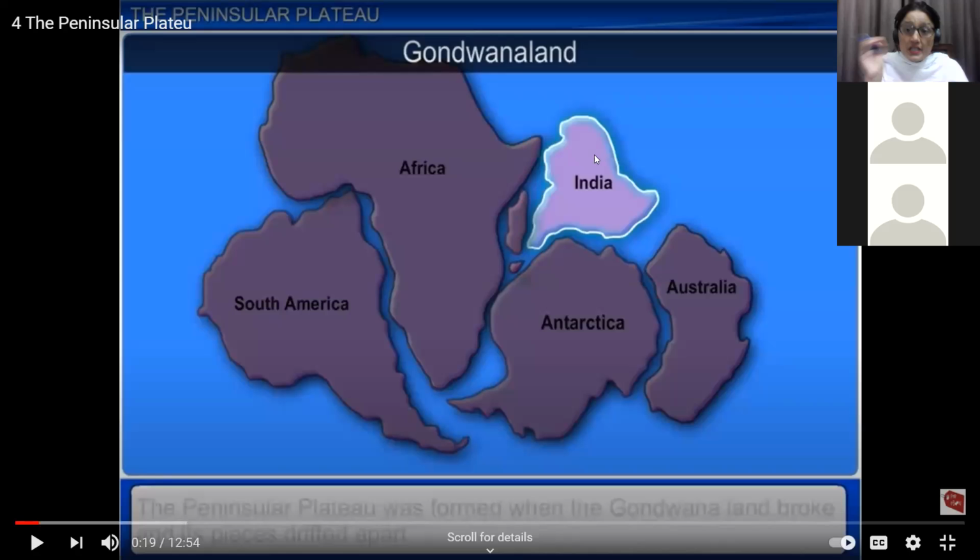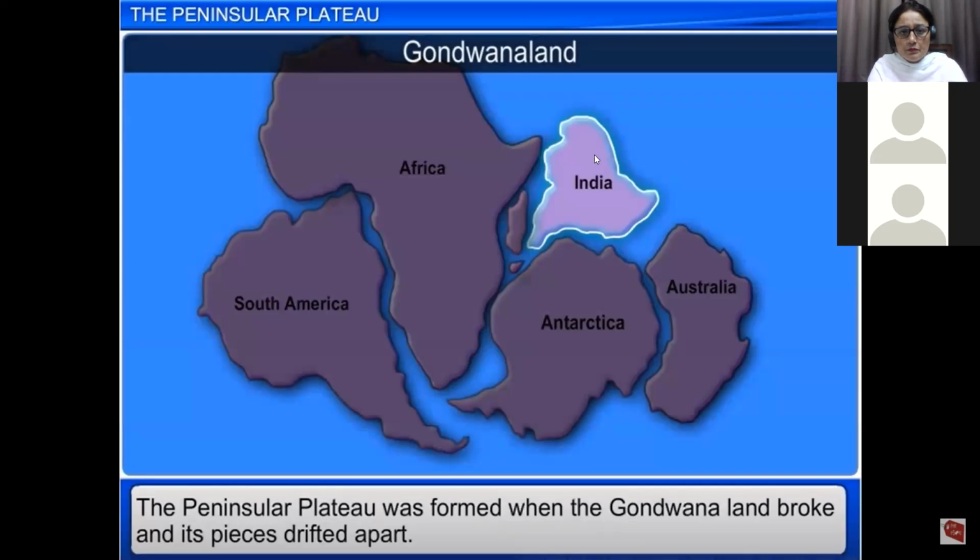If you are talking about present-day India, the northern part of India where we people live, that is New India. New India means recently formed, we can say. But the southern part of India is the oldest landmass of the earth, and it was a part of Gondwana land. Pieces drifted apart.